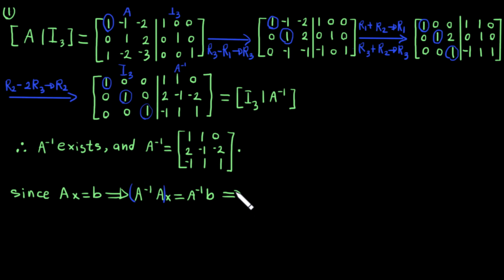So here it will be identity of size 3, of course, because we are dealing with 3 by 3, multiplied by x equal to A inverse B. And any matrix multiplied by identity will remain the same. Therefore here, identity multiplied by x will be x equal to A inverse B.